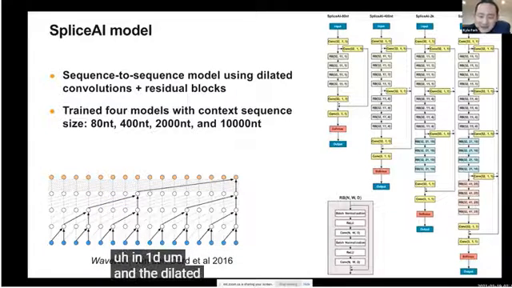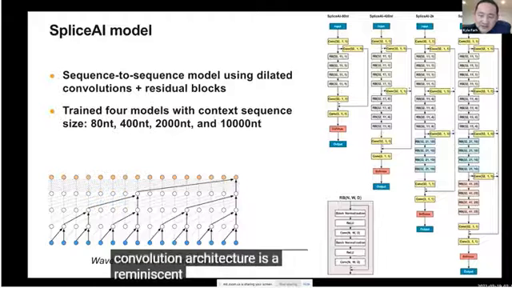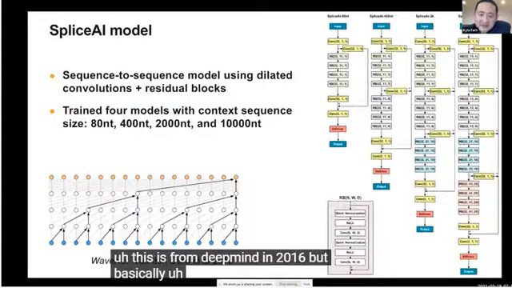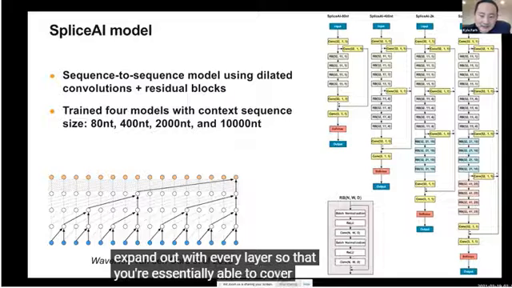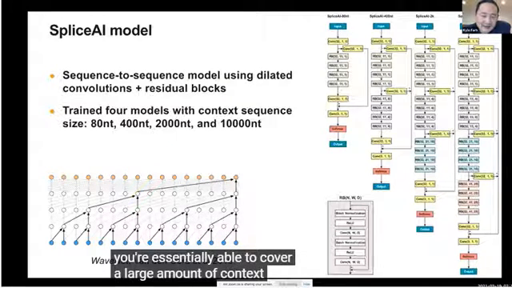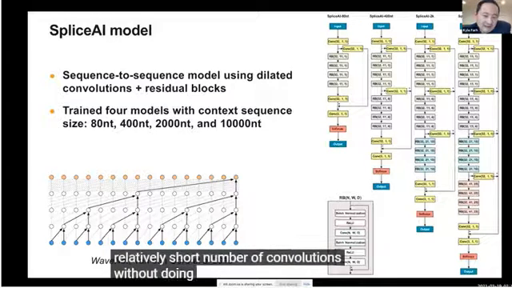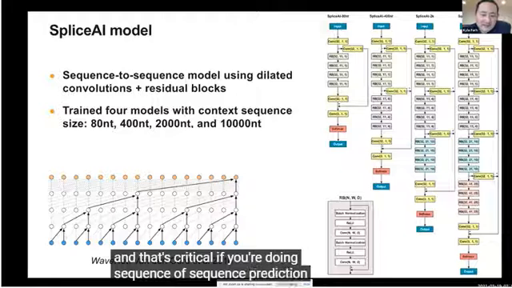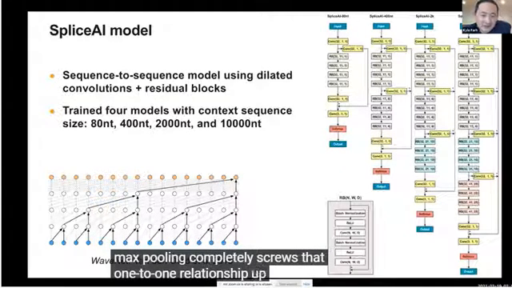The dilated convolution architecture is reminiscent of WaveNet, from DeepMind in 2016. It's a way of making your convolutions expand out with every layer, so that you can cover a large amount of context in a relatively short number of convolutions without doing things like max pooling. That's critical for sequence-to-sequence prediction, because max pooling completely screws up that one-to-one relationship.